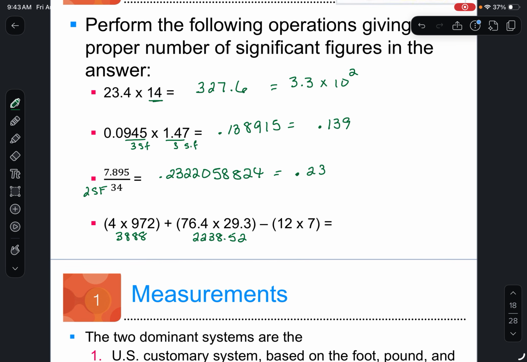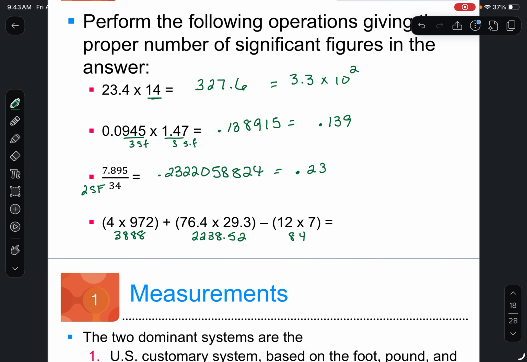And then 12 times 7, you get 84. So now I'm adding, and I have addition and subtraction as well as multiplication. So when I do this whole thing, I get 6042.52, or I can round it to 6,000.